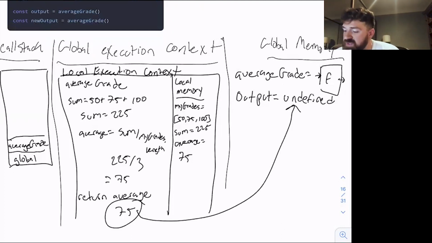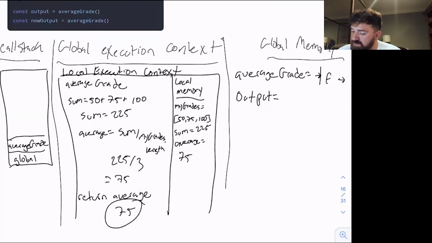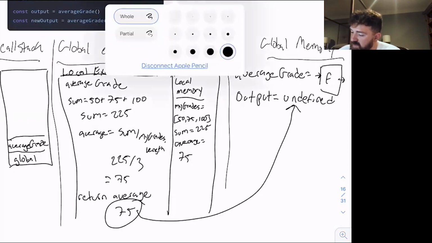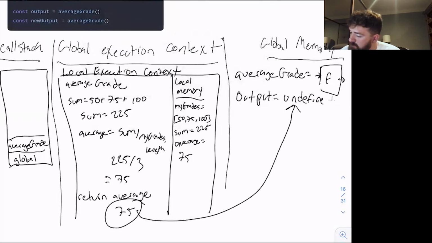So now what was once undefined, output will now be, oh, whoops, let me make this smaller and easier. Output will now be 75. The return keyword says, hey, wherever you called me, wherever you told me to run, take whatever comes after the return keyword. In this case, we said return average. It would look in memory: what's average?